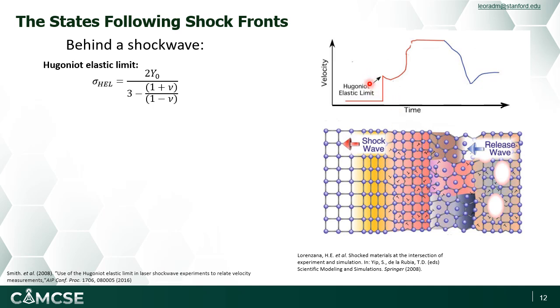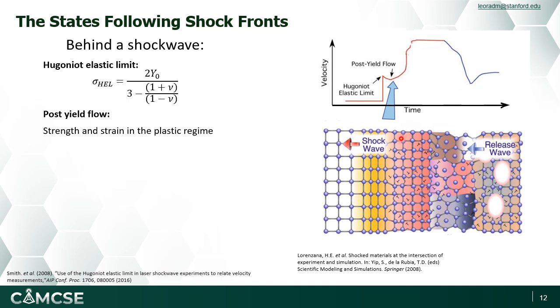So to bring this back to the velocity curves that we've been looking at before, this is what our Hugoniot-elastic limit would look like, and this is the equation that you can find in some of the literature based on the yield strength and Poisson ratio.